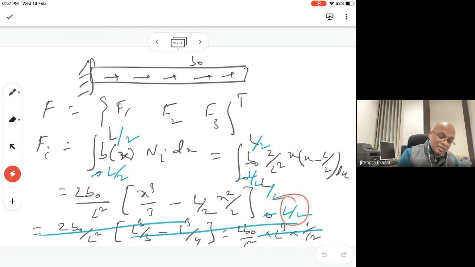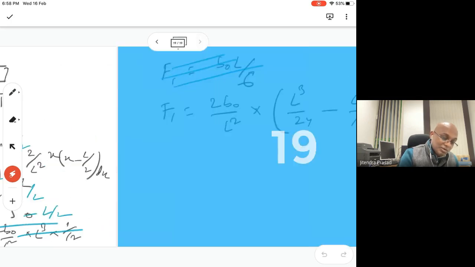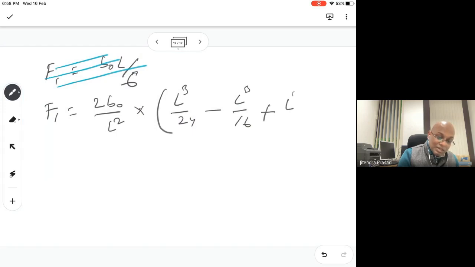So this is minus, so it becomes plus, equal to the first value, so we'll have plus L cube over 24, and then plus L cube over 16, so that it cancels out.